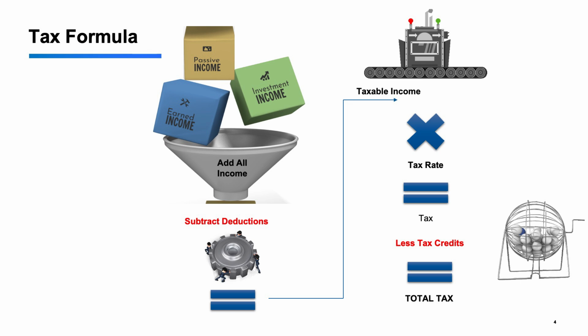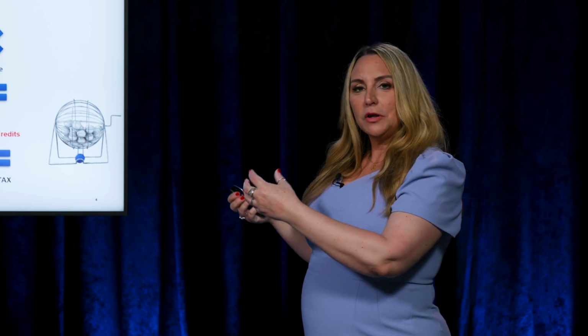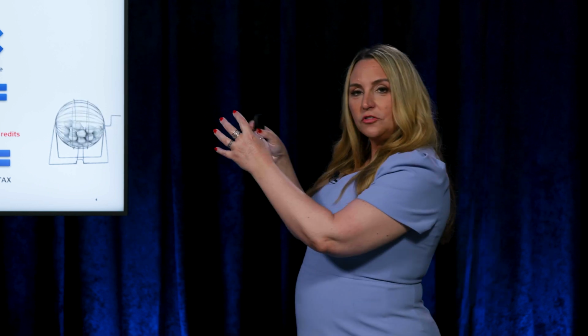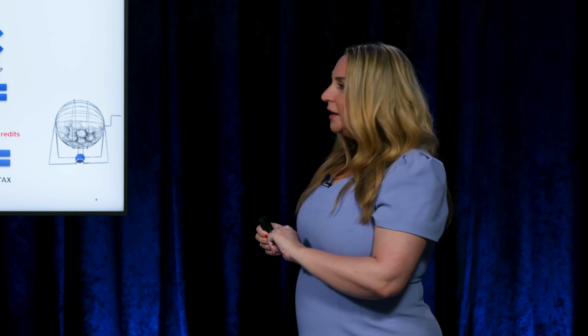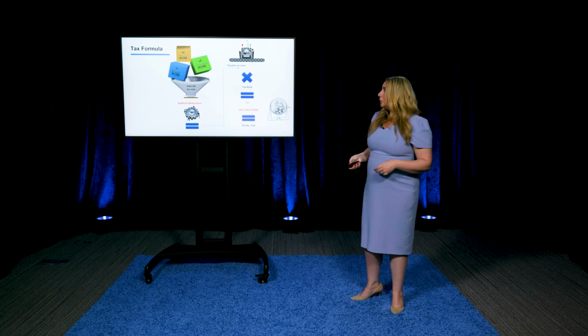We simply take our taxable income, we multiply it by the applicable tax rate, which is prescribed in the tax law, and that gives us our tentative tax. Finally, in the last step, we subtract tax credits dollar for dollar until we arrive at our total tax. So what we're doing is we're sort of breaking this mathematical calculation apart when we perform tax planning. And I'm going to show you each step of this calculation as we go along so that you can begin to identify different types of strategies that you'll be learning about.